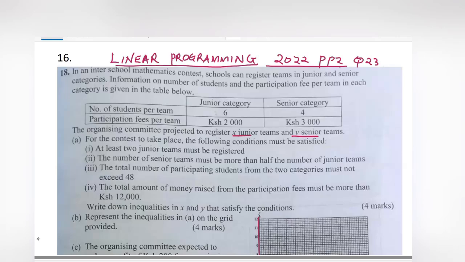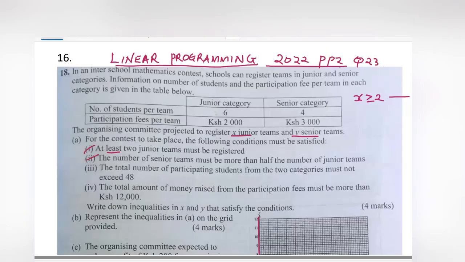In this case, we have X junior teams, and the first inequality is X is greater or equal to 2. The reason we are using greater or equal to is because of the words at least. At least means what is mentioned and more.